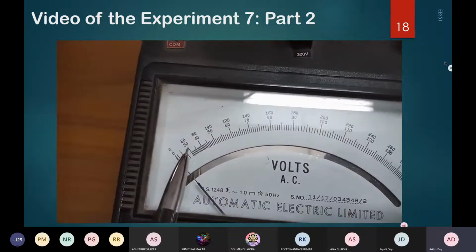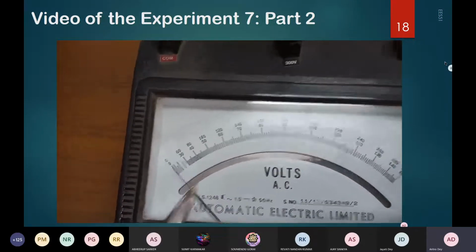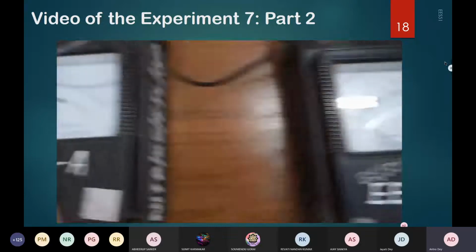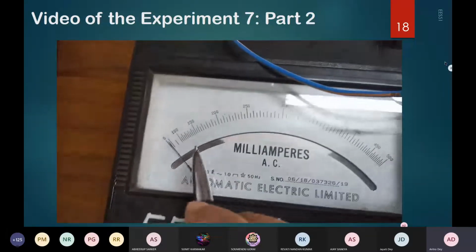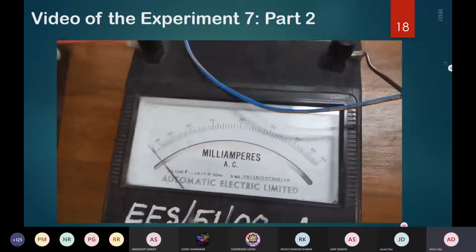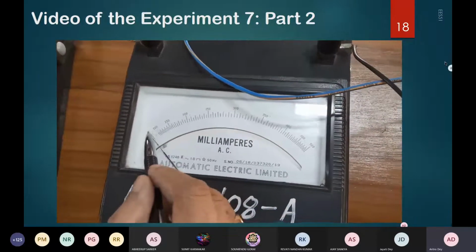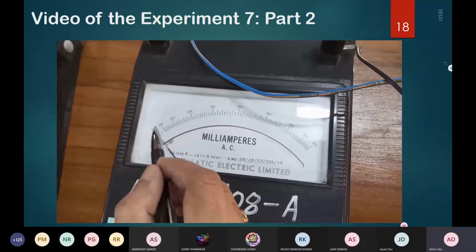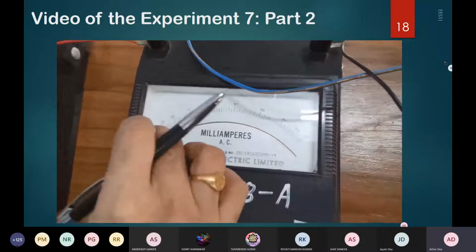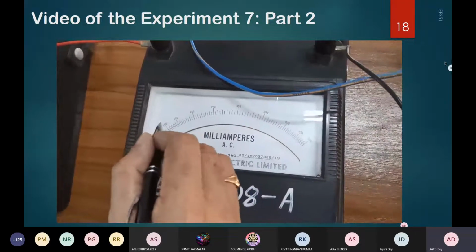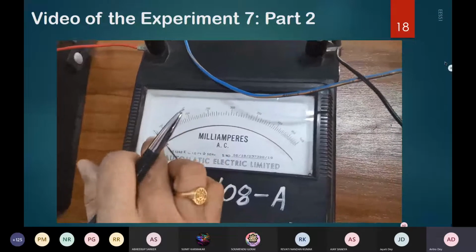For the carbon lamp, minimum current is flowing through it, and I have connected A2 in the milliammeter range, 0 to 100, and it is almost close to 0, so the magnitude of the current is very low here.